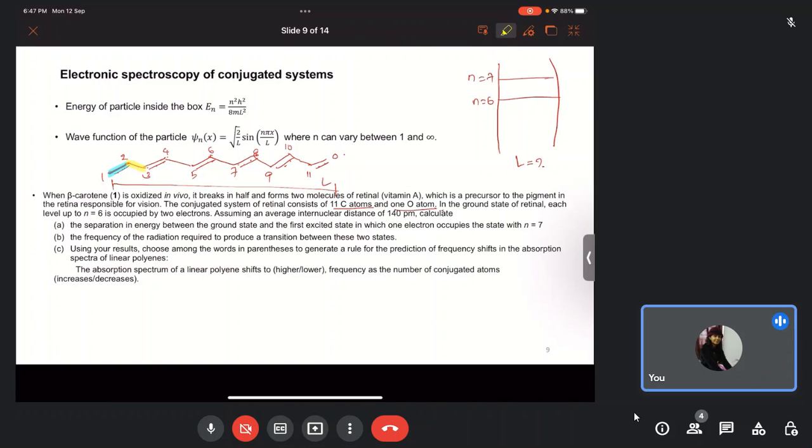Both the bonds are going to have the same bond length of 1.4 angstroms.